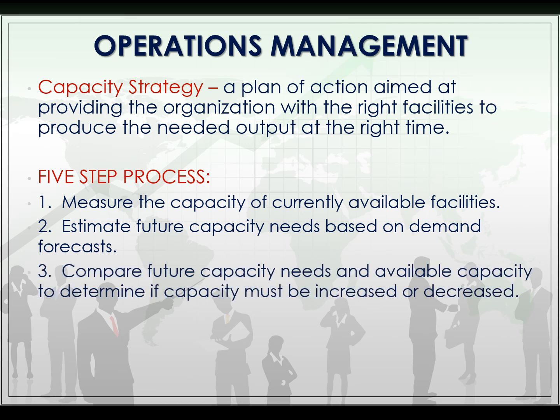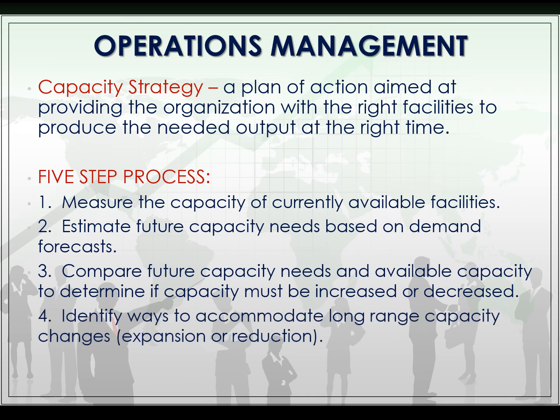Three, you compare the future capacity needs and available capacity to determine if you must increase or decrease capacity. Four, identify ways to accommodate long-range capacity changes by either expansion or reduction. And finally, select the best alternative after you do the evaluation.